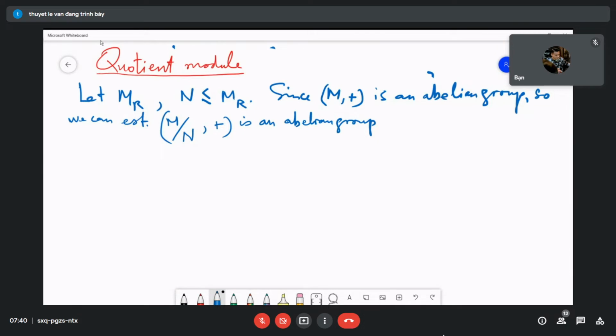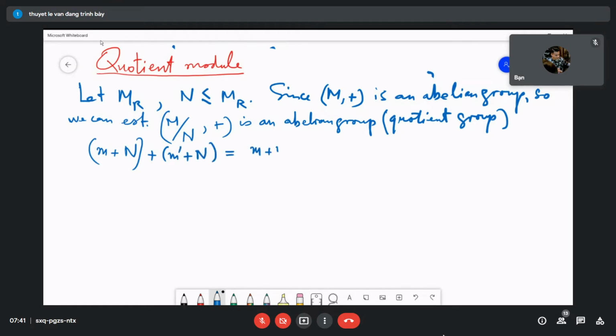You remember that it is the quotient group. And you remember the operation here: for m in M, m plus N plus m prime plus N is equal to m plus m prime plus N, for m, m prime in M.